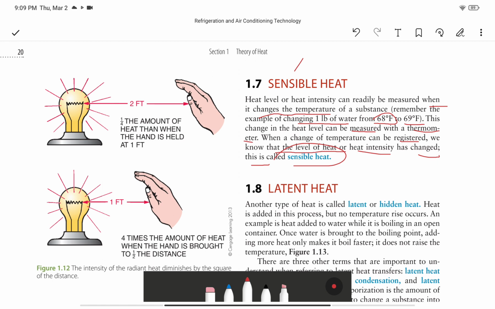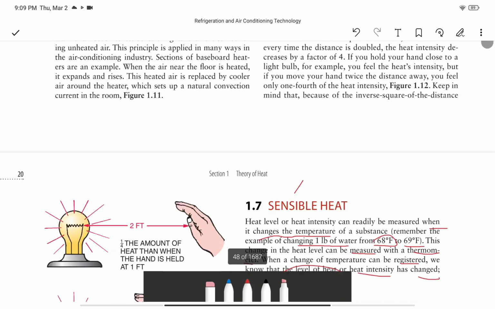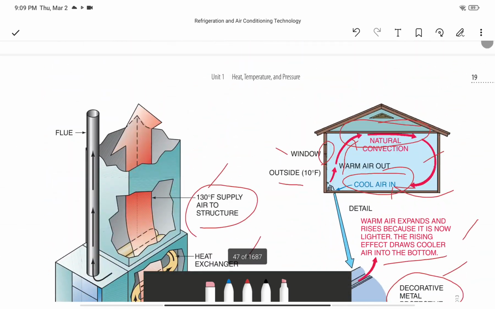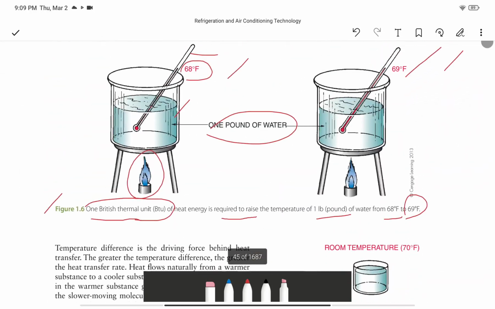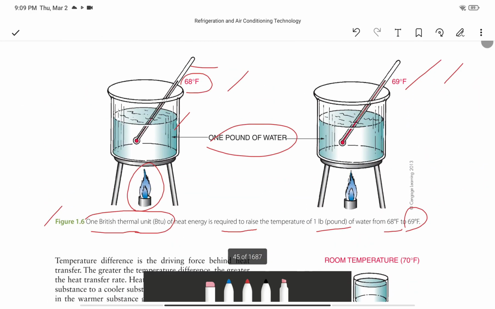So what he's referring to is this one, the example that he had given, from 68, right?